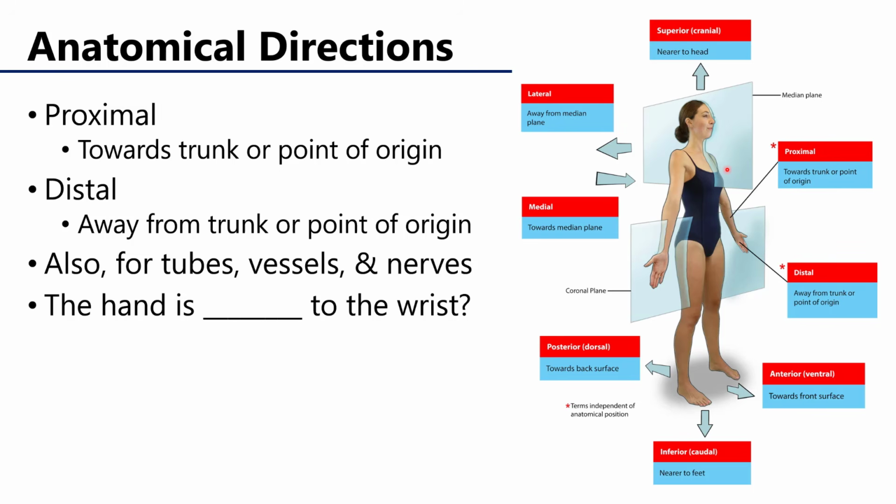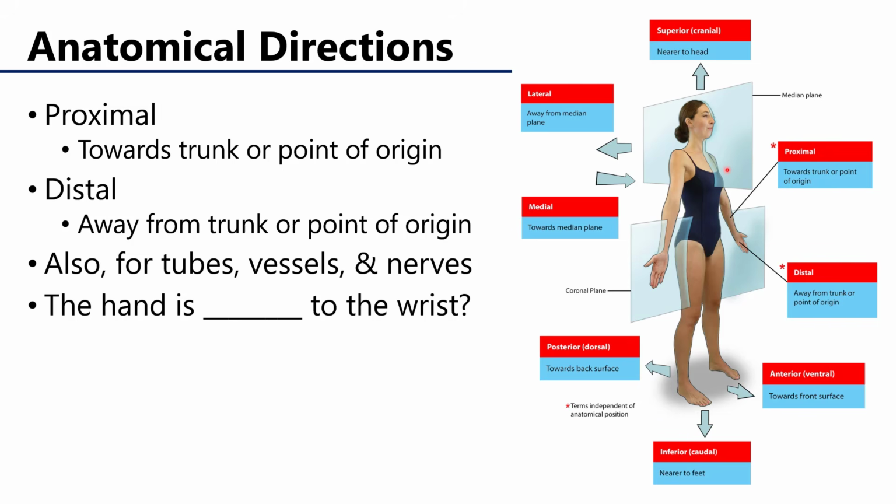Proximal references, in terms of the overall layout, structures that are closer to the origin, oftentimes the trunk if we're talking MSK, whereas distal points to structures that are further from the origin. We can also use this to describe the relative positions of portions of tubes, vessels, and nerves.